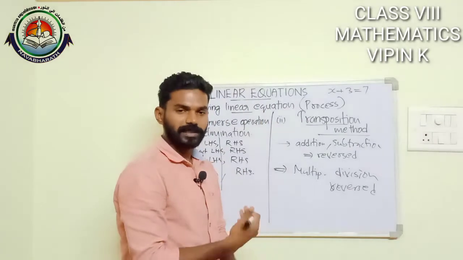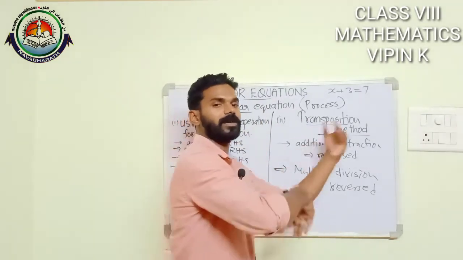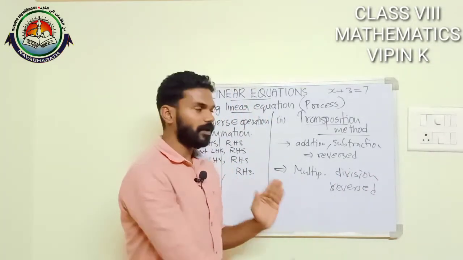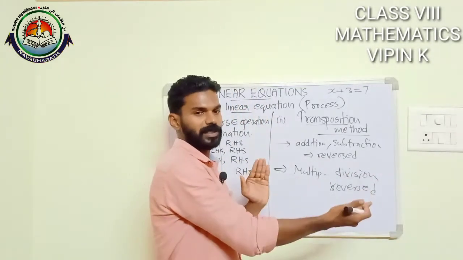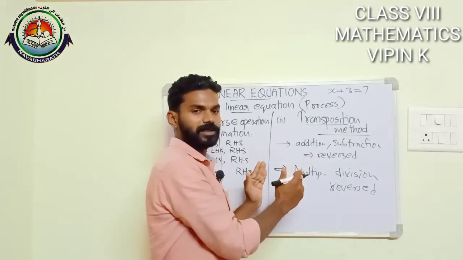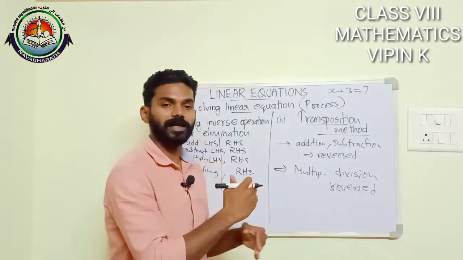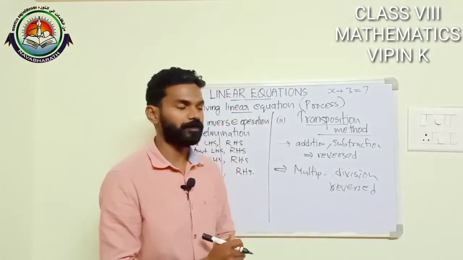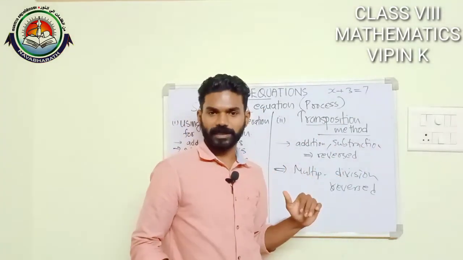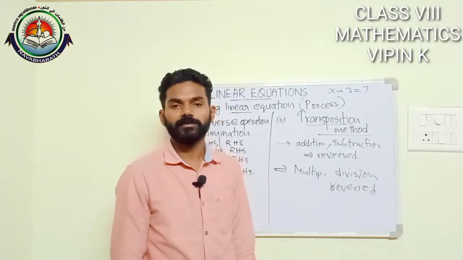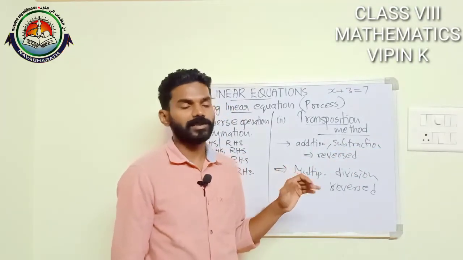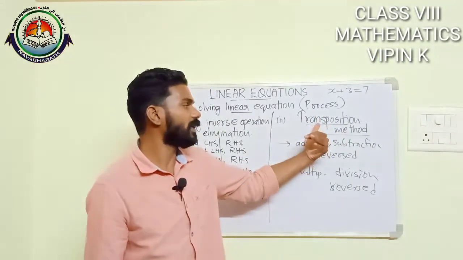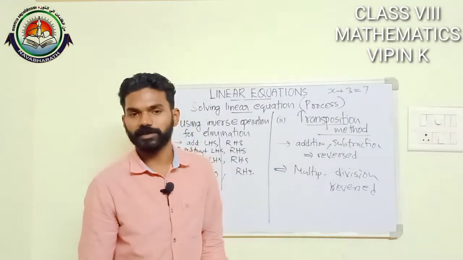Just like that, a division operation would become a multiplication operation on the other side. When we transpose a particular operation, it would be reversed. Multiplication would become division. Division would become multiplication. Addition would become subtraction. Subtraction would become addition. Okay, so that's all about the rules that have to be followed in the transposition method.